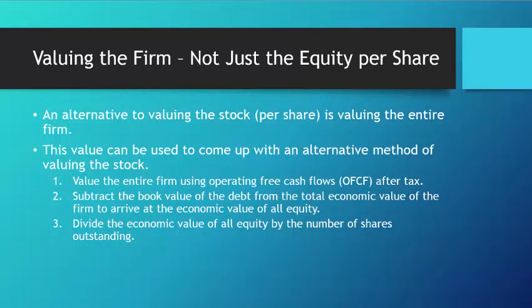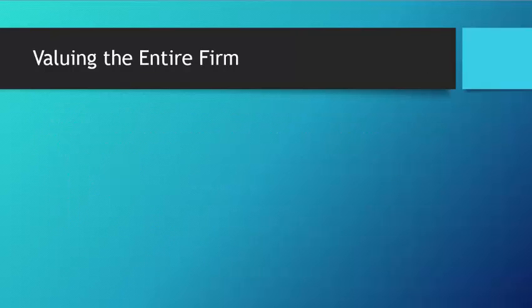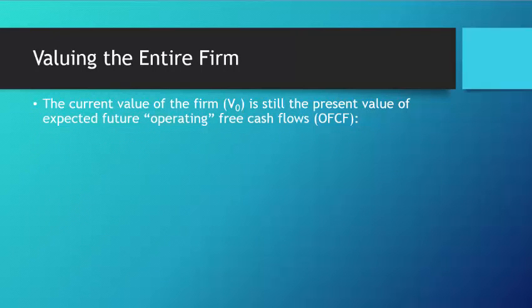Once we get the total market value of the equity to everyone, we can divide by the number of shares outstanding and end up with the price of the stock all over again. By the way, quite often we end up doing this as we just did with the non-constant growth model, because when we talk cash flows, they can go up and down and sideways and all over the place.